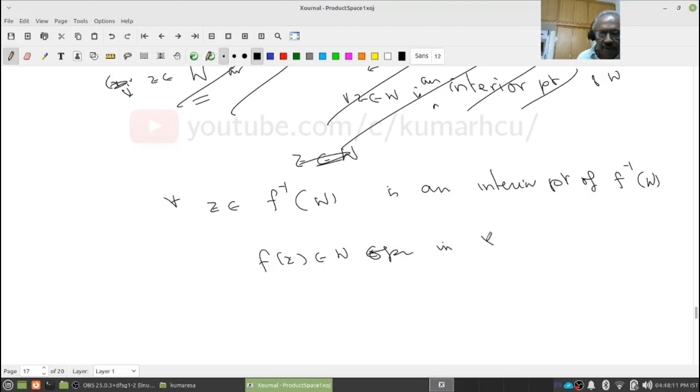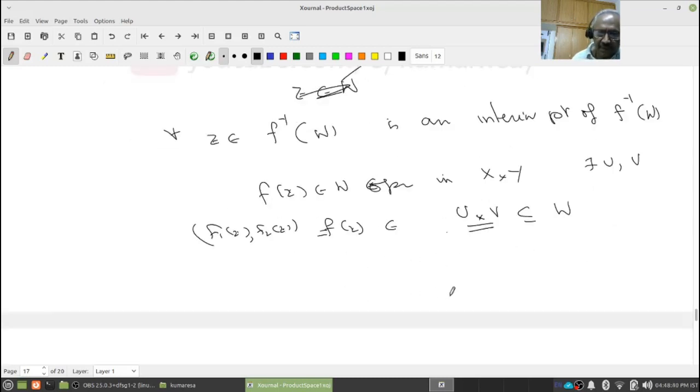In X cross Y. That means there is a U and V so that F of Z, namely F1 of Z, F2 of Z, belongs to U cross V, and that is contained in W. F of Z belongs to W, W is open, therefore there exist U and V so that F of Z belongs to U cross V. Is that okay?